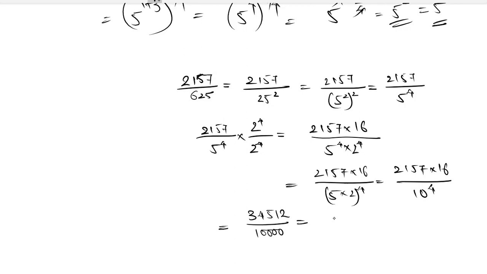So just 4 places of decimals. So 3.4512. This is the easiest method of converting 2157 upon 625 into decimal form, right? So these were all the doubts from Maths Chapter 1 worksheet, all the difficult ones.